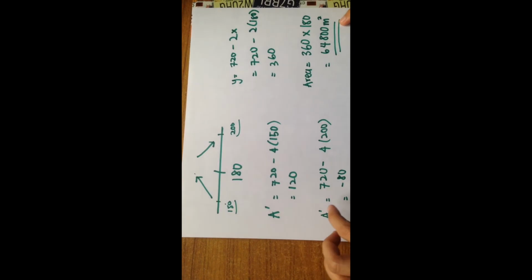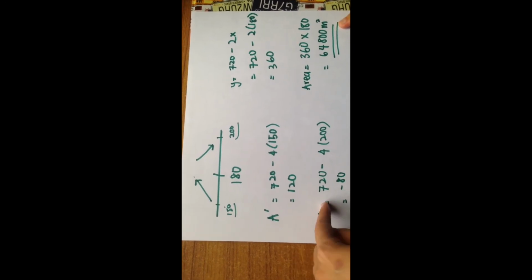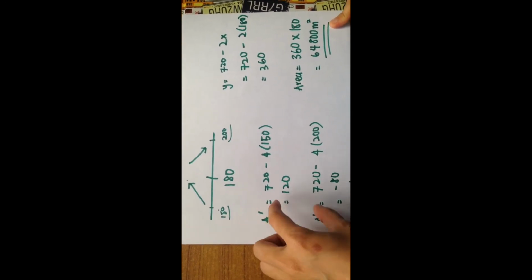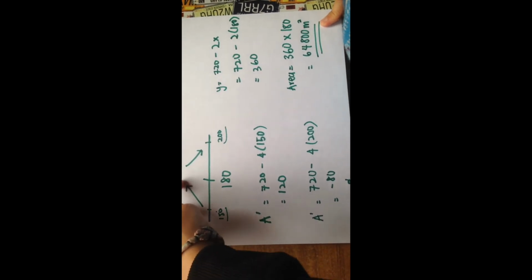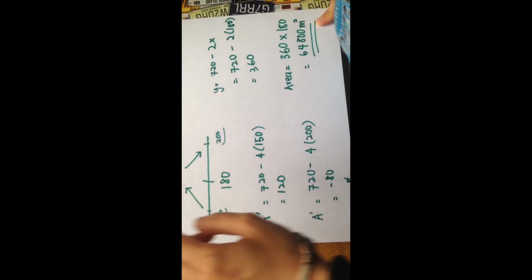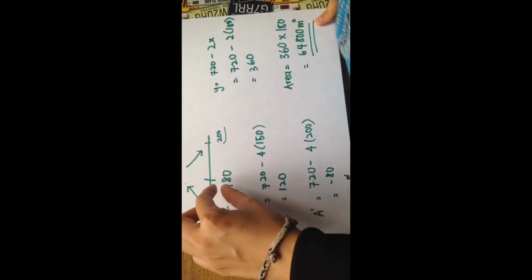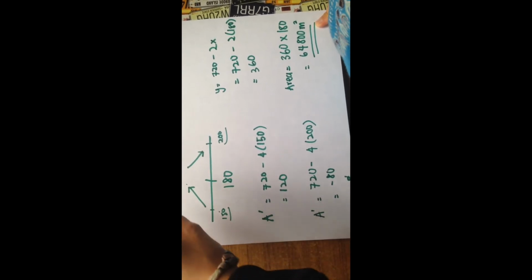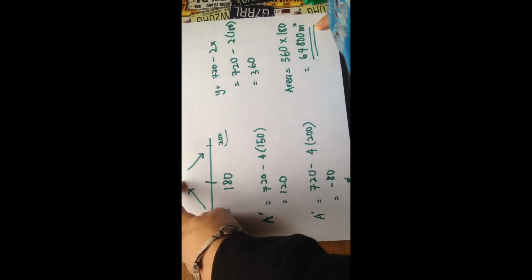Why do we have to find this? Because we want to check whether the 180 point is really a maximum point.